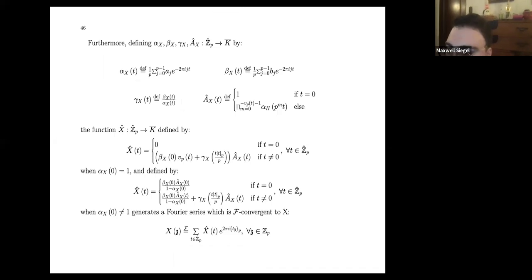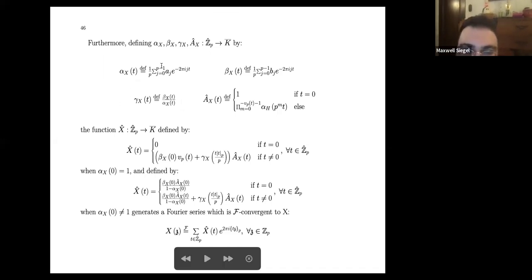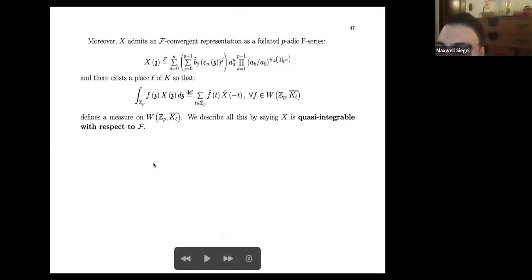Moreover, defining the functions alpha x, beta x, gamma x, a hat x from Zp hat to the algebraic closure of K by the following formulas, the function x hat from Zp hat to K defined by this formula if alpha x of 0 is 1, and this formula if alpha x of 0 is not 1, then generates a Fourier series which is F-convergent to X. In fact, we get this by summing the Fourier series.